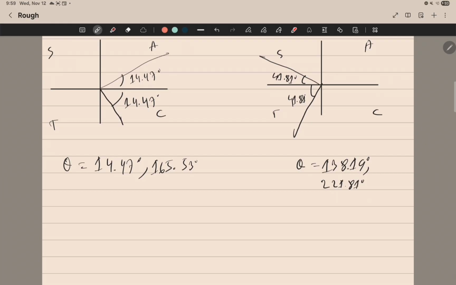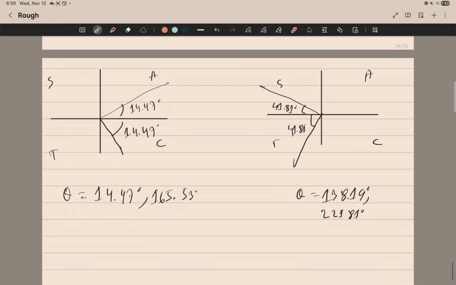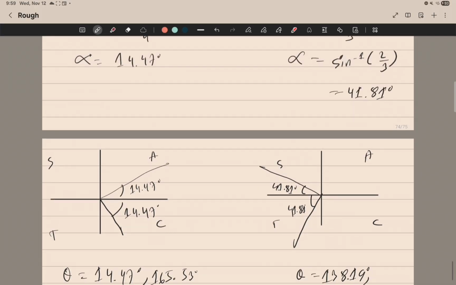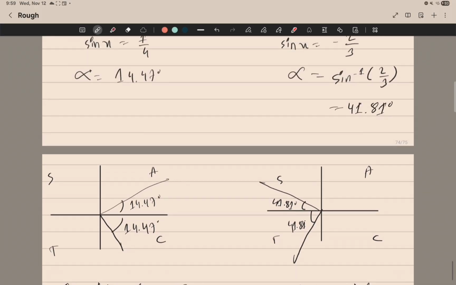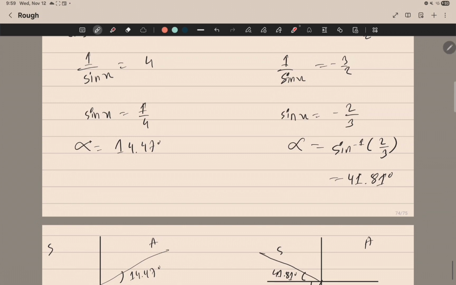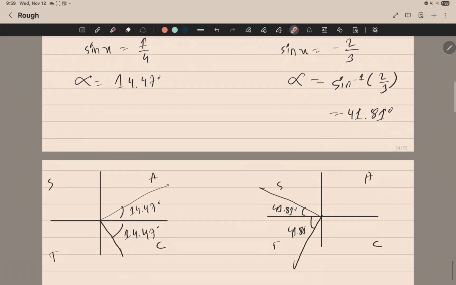Wait a minute. There's an issue here, guys. Have you guys caught on? Sine is negative. Our value is this.